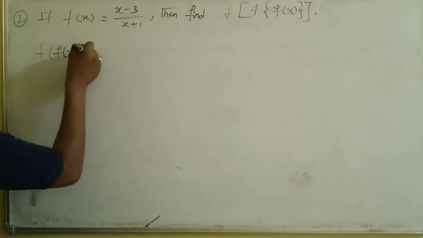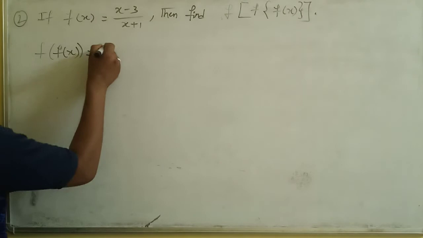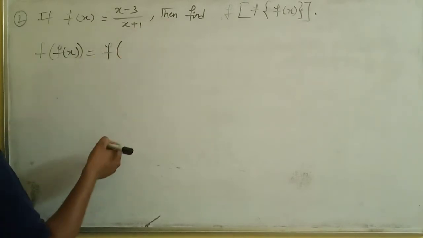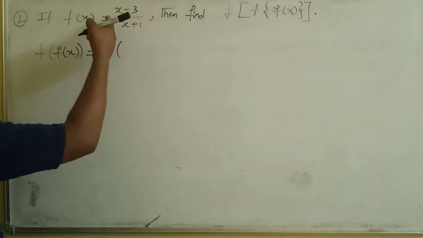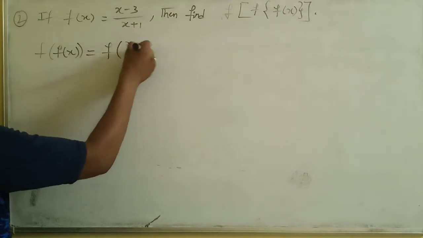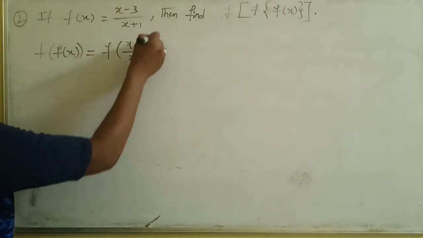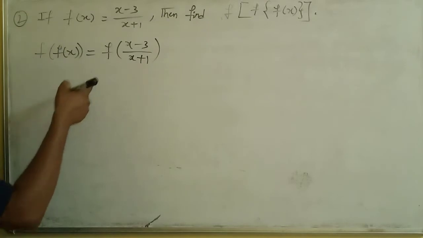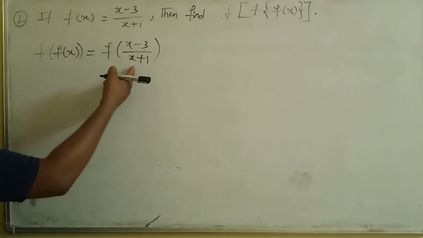So now what is your f of x? Here f of x is nothing but x minus 3 upon x plus 1. Now wherever x is there, substitute x minus 3 upon x plus 1.